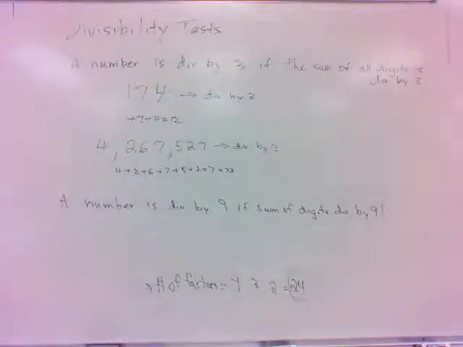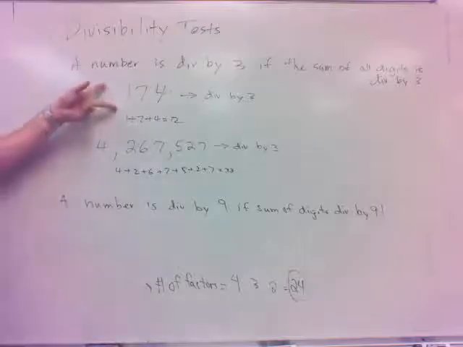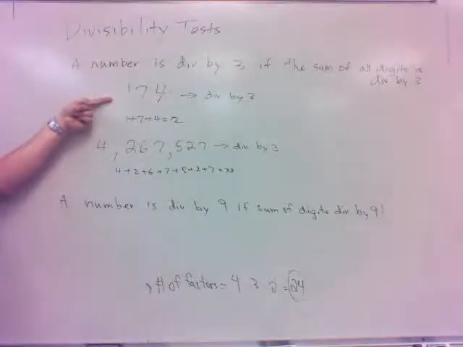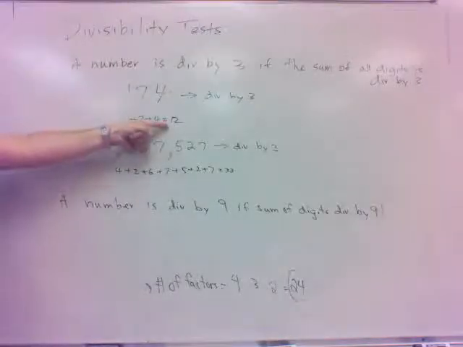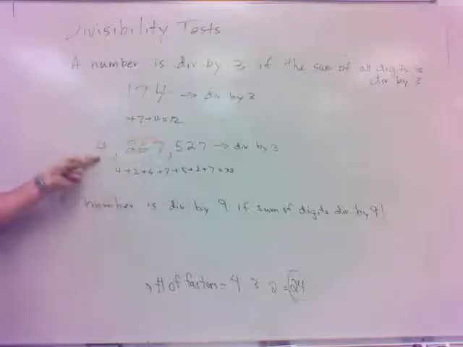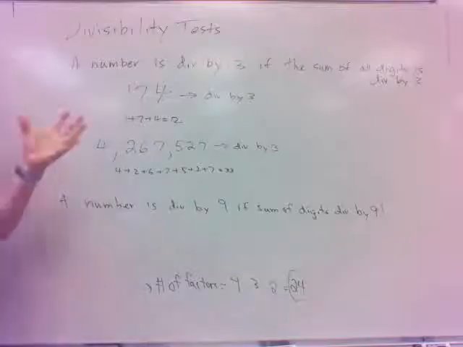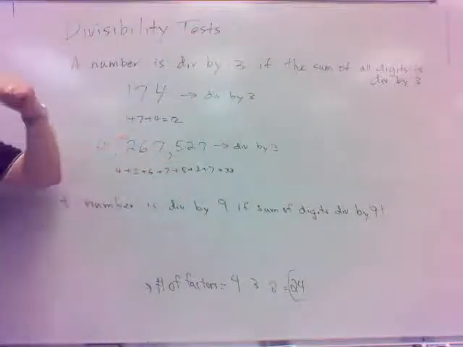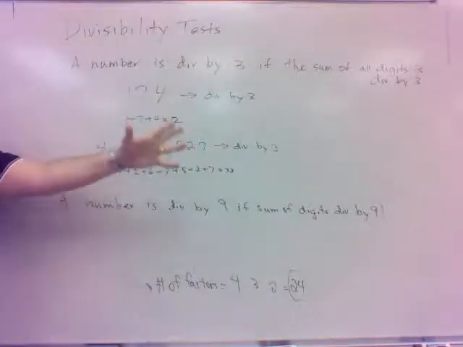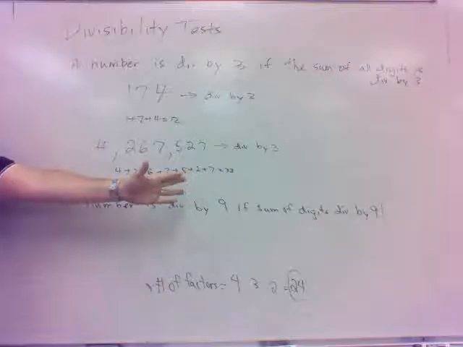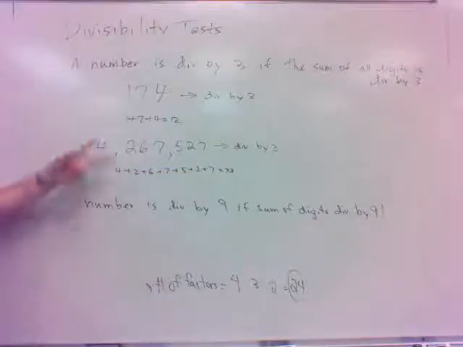Add them up. So what about either one of these I've got here? Is this divisible by 9? No, it's not. You add them up, you get 12. That's not divisible by 9. This one divisible by 9? No, because you add them up, you get 33. That's not divisible by 9. So the sum of the digits has to be 36 or 72 or something that's divisible by 9. So neither one of those would be.